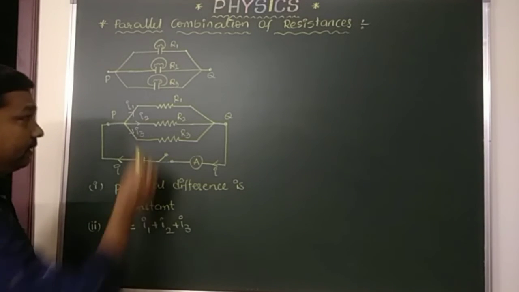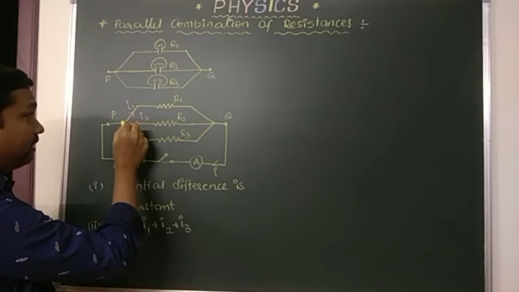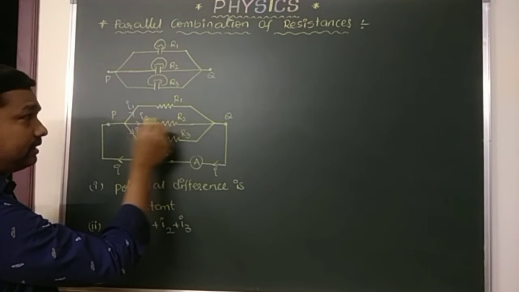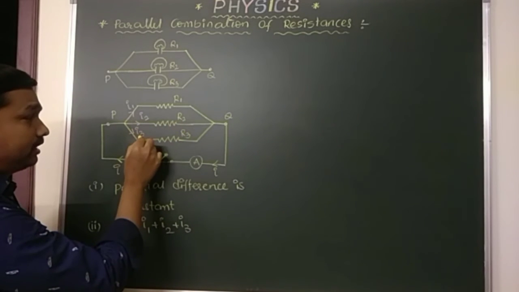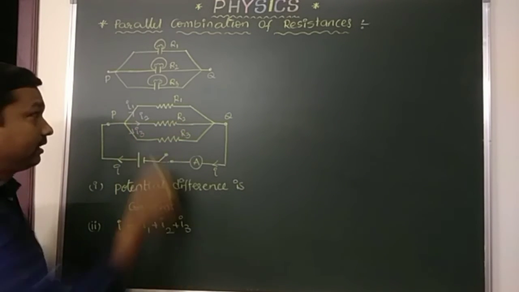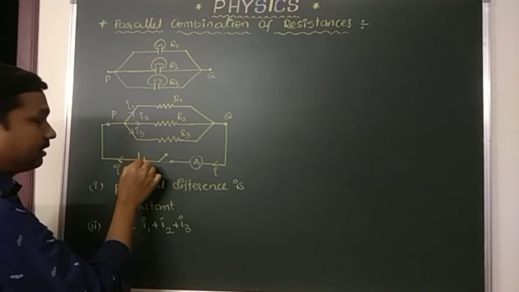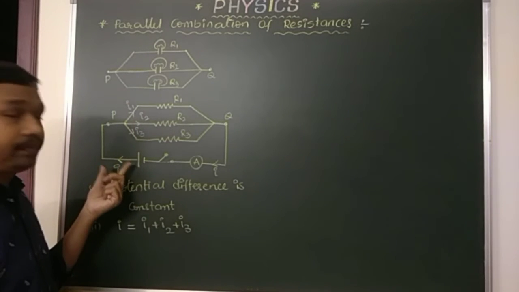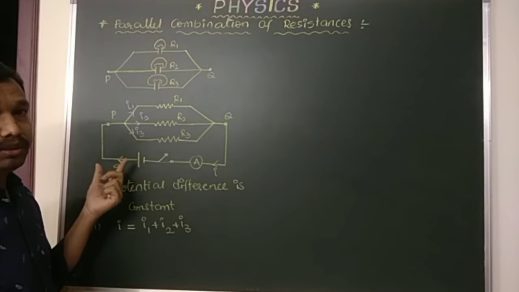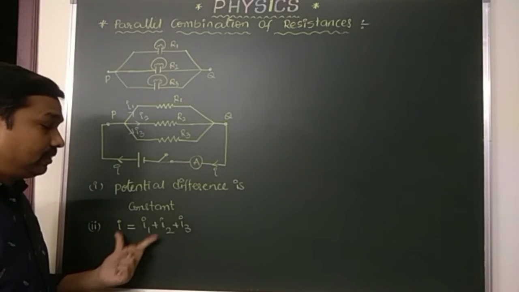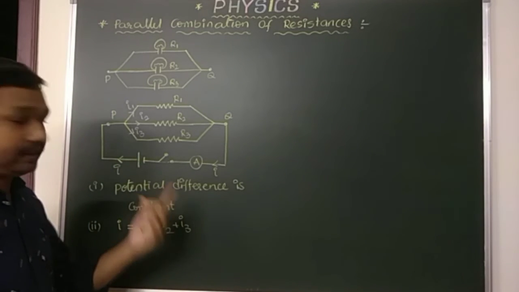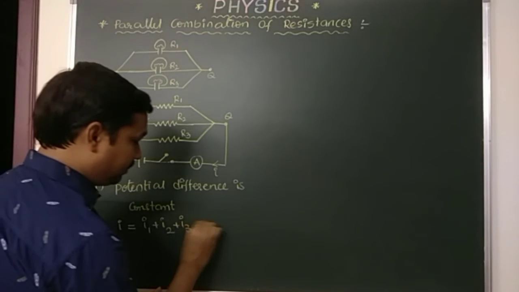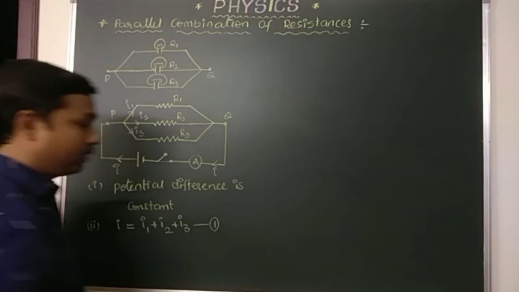Here the current through R1 is I1, through R2 is I2, and through R3 is I3. So I is equal to I1 plus I2 plus I3. You can take this as equation number 1.